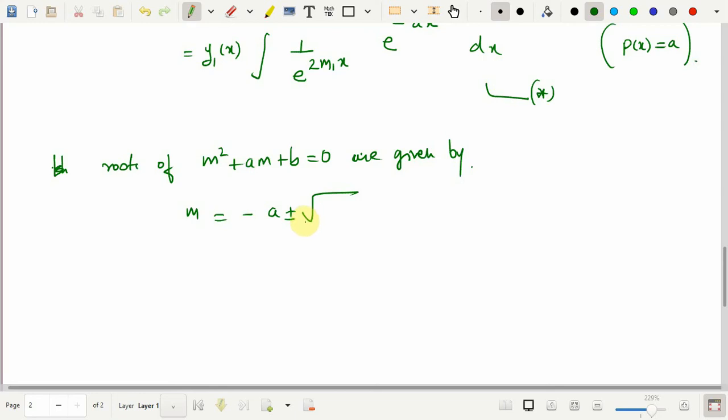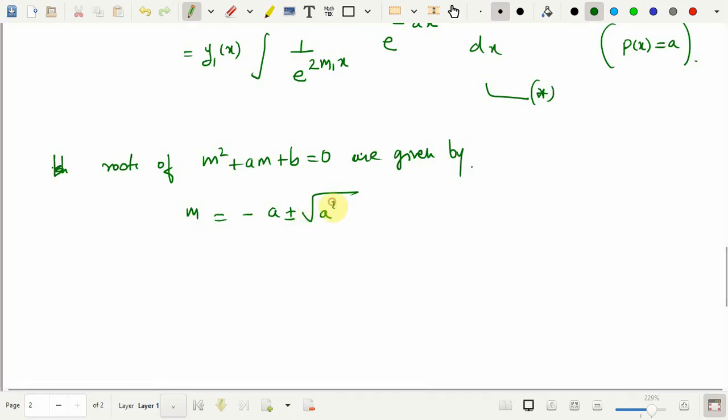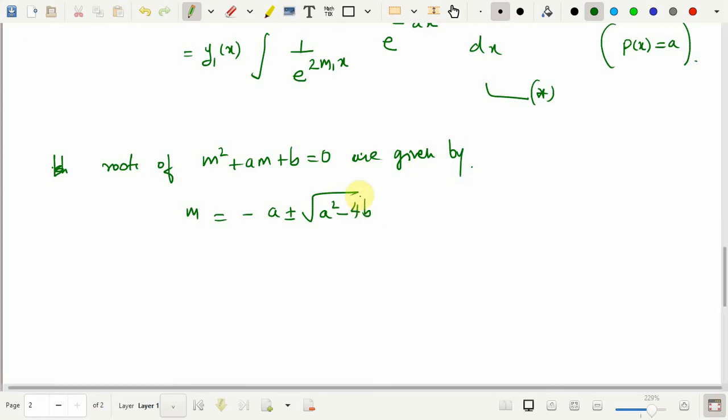I hope you know the quadratic formula, so I'm using that. a square minus 4b upon 2 times the coefficient of m square, that is equal to 1, so 2 times 1, so root of a square minus 4b. But since I am saying that m1 is the repeated root of this equation, in this case we cannot have this plus or minus factor, right? So basically the discriminant in this case has to be equal to 0, because there will be only one value for m which is repeating twice.